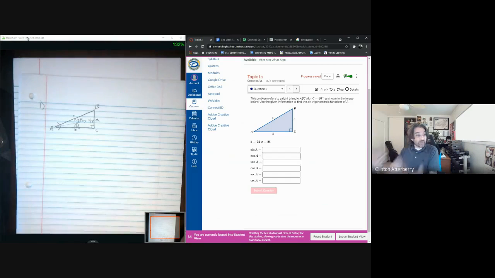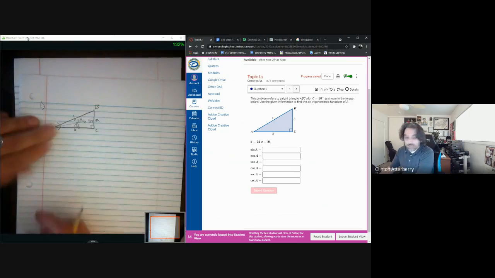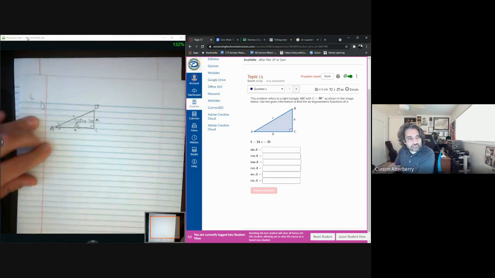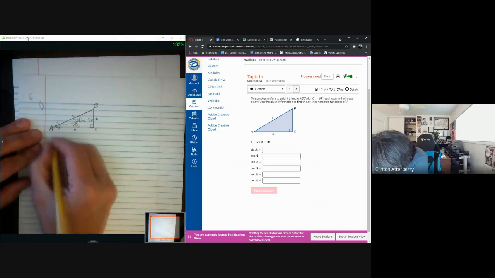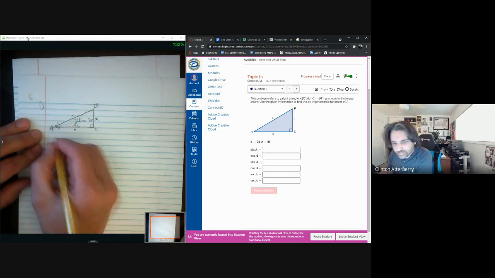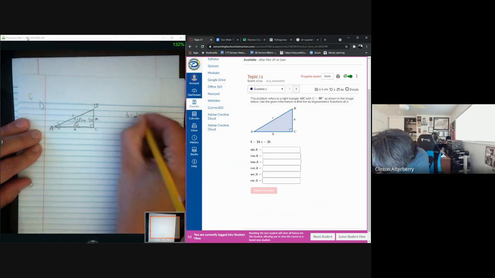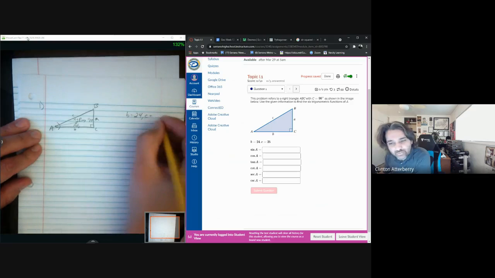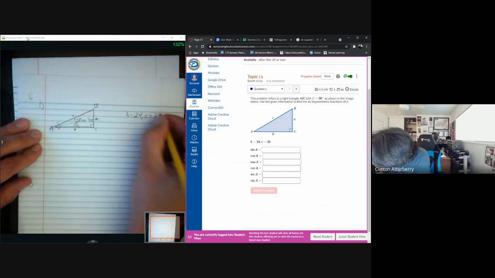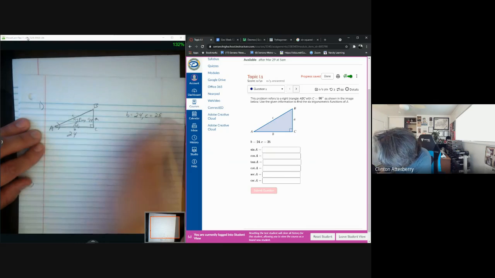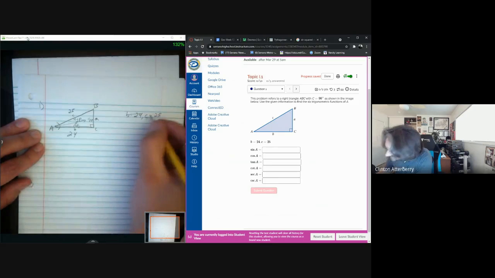So if it's at angle B, I would switch my opposite and adjacent. It says here B equals 24 and C equals 25. So this is 24 and this is 25.